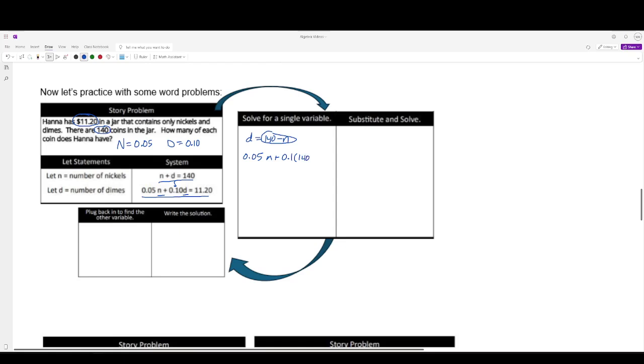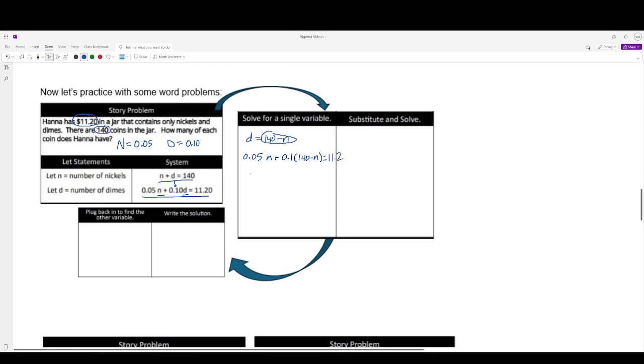So 140 minus n, and then we have equals 11.2. So that's substituting that into the other equation. I'm just kind of doing everything in the same spot in this box.